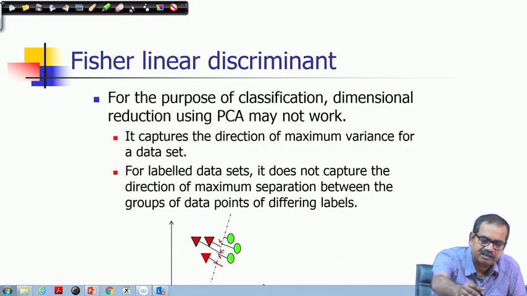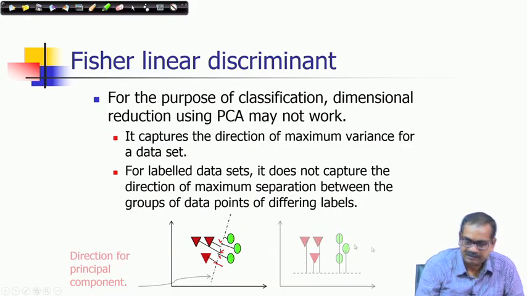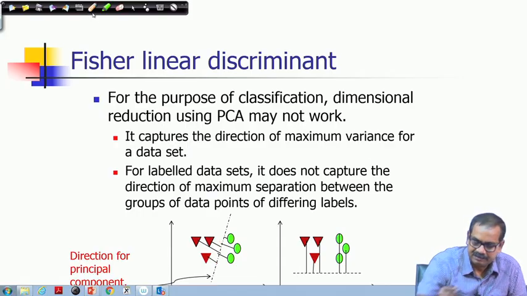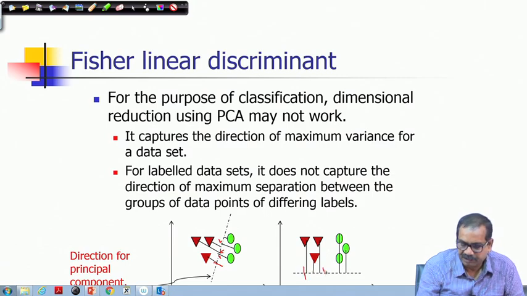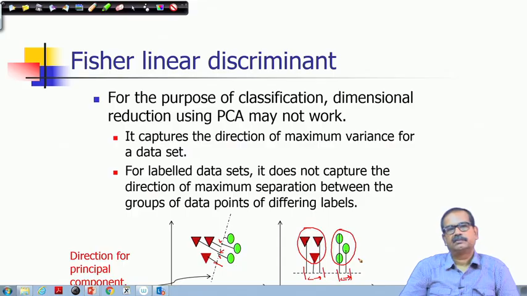Whereas, if I consider another direction, say this is the new direction, and I take the projections, now you can see that all the projected points for this group lie within this interval, and all the projected points for this group lie within this interval along this direction of projection.